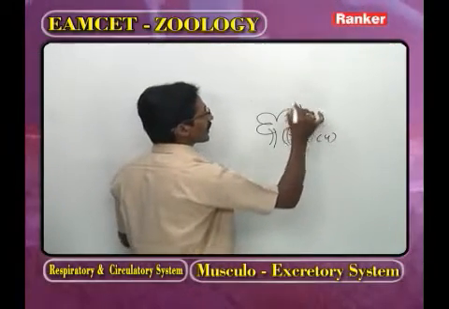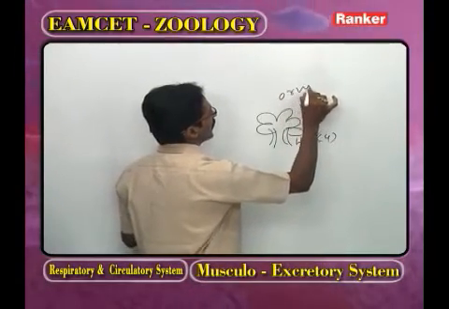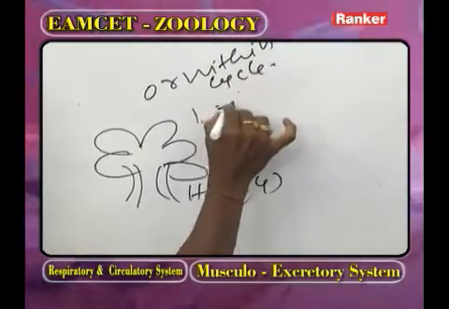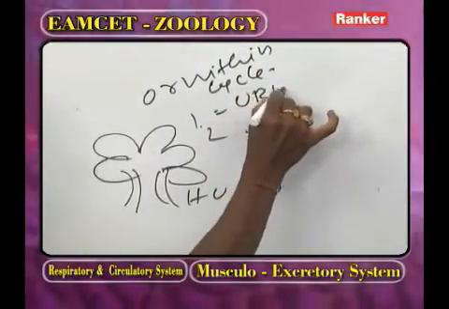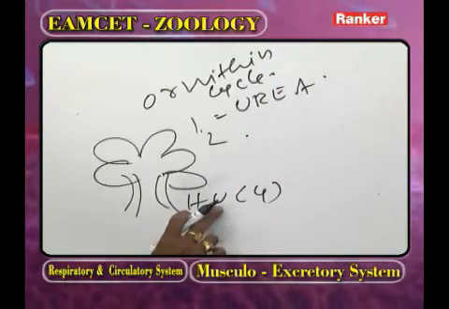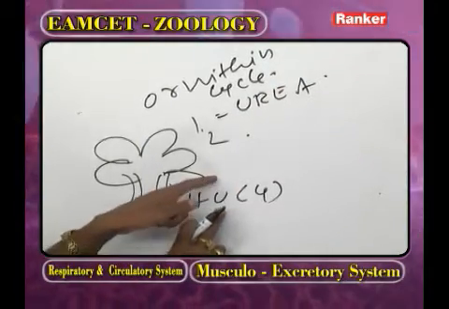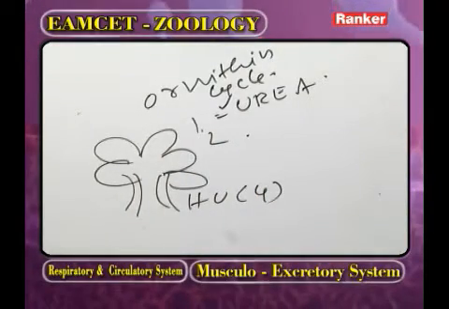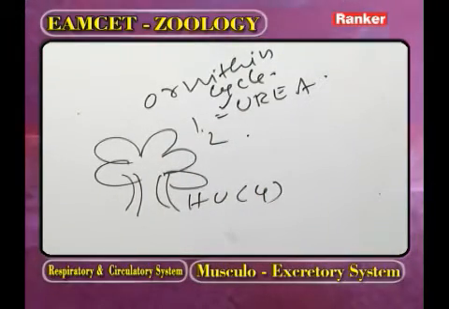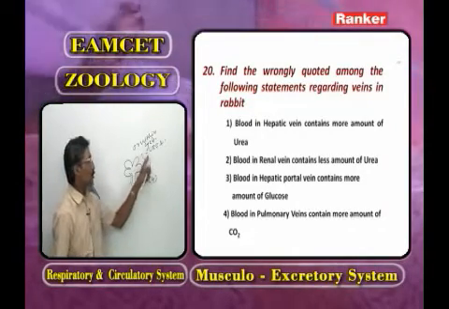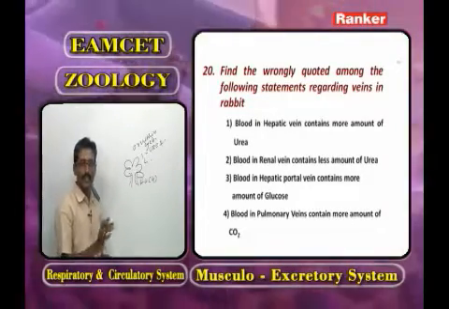Now in the liver, what is going to take place? Ornithine cycle. Because of the ornithine cycle, what will be obtained? The urea. So in the blood of hepatic veins, urea is present. The first statement is correct.